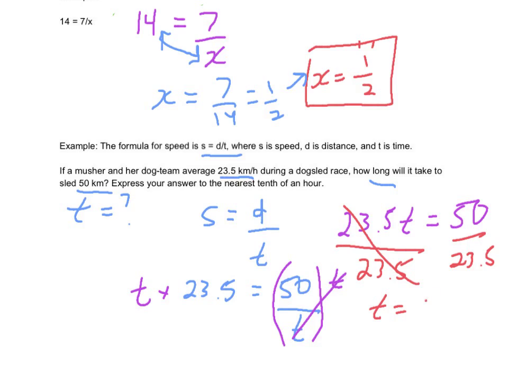You could plug that in on your calculator if you need to. It's probably going to be about 2.1 hours. Okay, so that is a story example, or an application example, I guess, of how you would use this type of algebra. Okay, hope that is helpful.